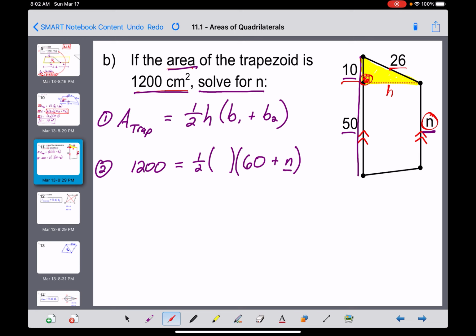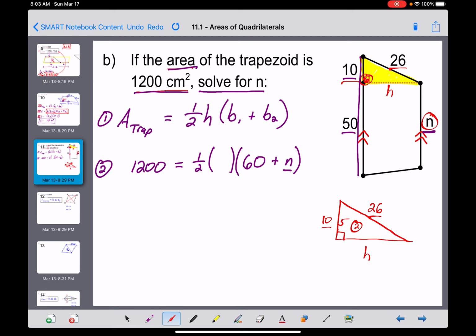So we can always solve for the third side in a right triangle either by using the Pythagorean theorem or by Pythagorean triples. And you guys know me, I like triples. So if I were to just rewrite that triangle right there, and I had a 10 here and a 26 and this was an h, I would look for a common factor that I can divide out from 10 and 26, and that's a 2.